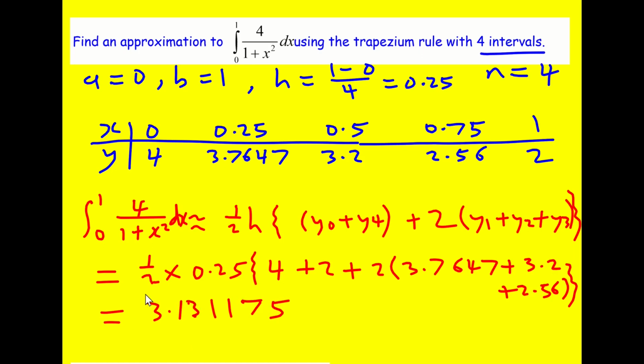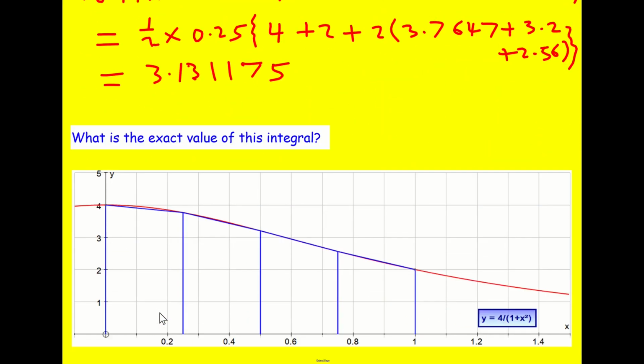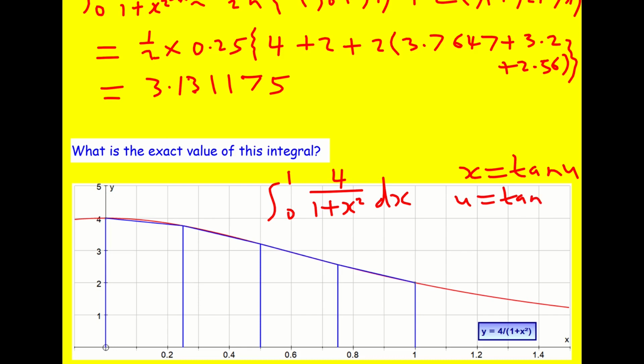All right, what's the nice result, I hear you say? Well, you can actually do this integral exactly. This is what the graph looks like, and if you do the integral exactly, you can do a substitution. x equals tan u, and that means u is equal to inverse tan of x.